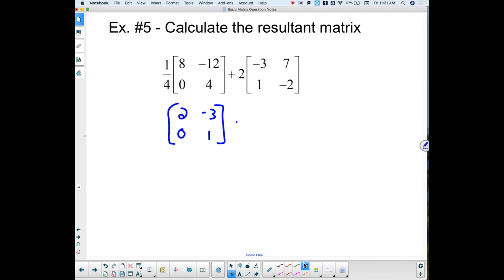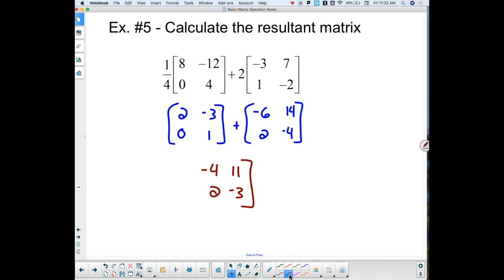If I distribute the 2 in here, I get negative 6, 14, 2, and negative 4 as my second 2 by 2 matrix. Those can be added together because they are the same size. I get negative 4, 11, 2, and negative 3 as my result. 2 by 2 matrix result, negative 4, 11, 2, negative 3.